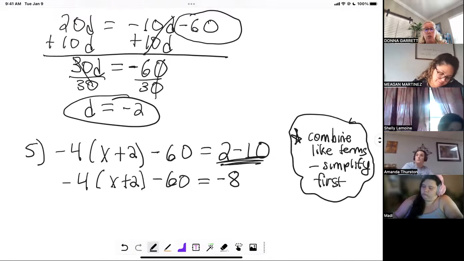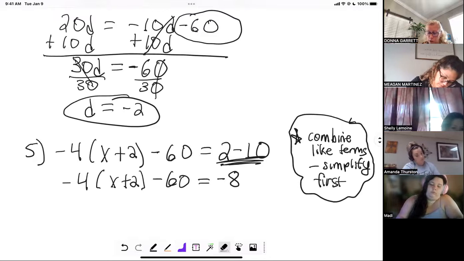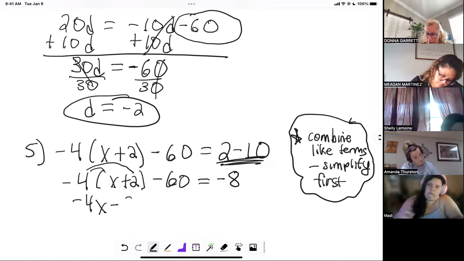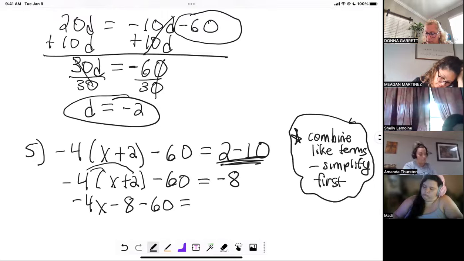Now I'm going to start moving things left and right. So always combine like terms first on each side of your equation if you can. Now this one, we're going to distribute the -4 first. So let's do that. -4x, -4 times 2, -8, minus 60 equals -8.